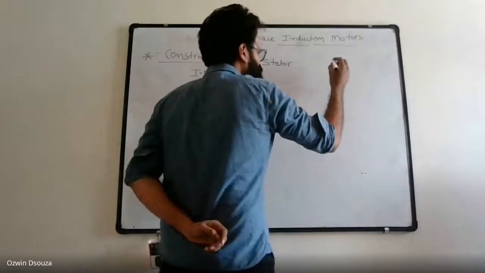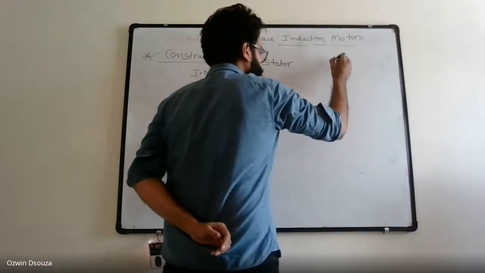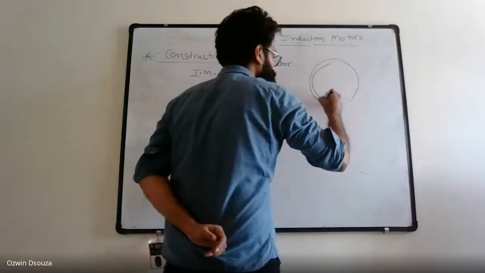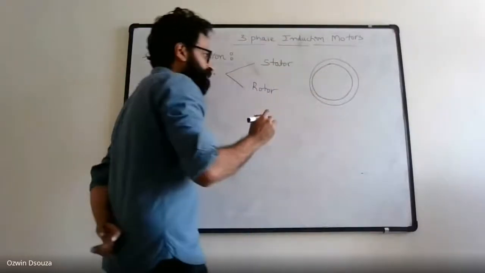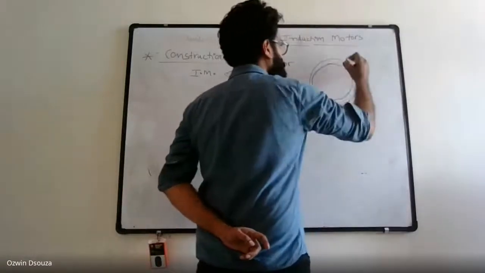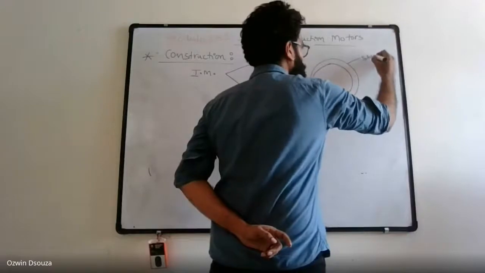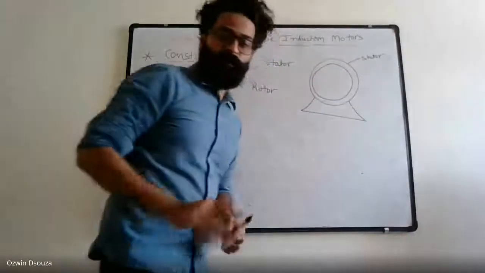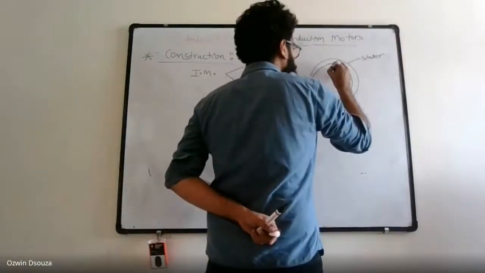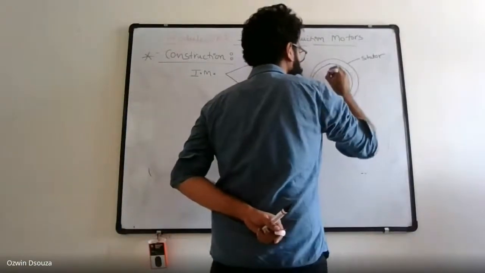The symbolic representation could be something like this. The outer part is the stator. This is not a detailed construction, it is a symbolic construction. The outer part is the stator, which is stationary, as the name suggests, and the inner part is the rotor.